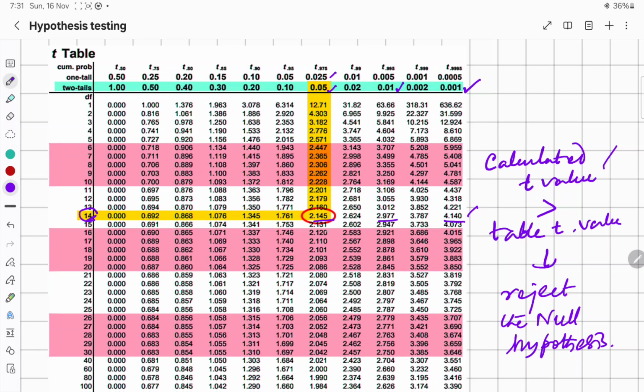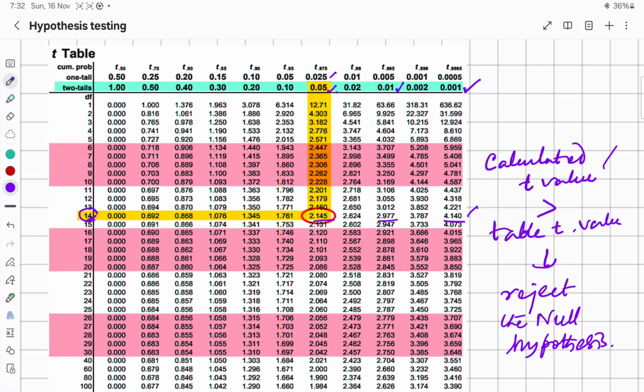So from this you can see that p less than 0.001 is more significant than p less than 0.002, which is more significant than p less than 0.01, which is more significant than p less than 0.02, which is more significant than p less than 0.05. And usually this 5% level is fixed.